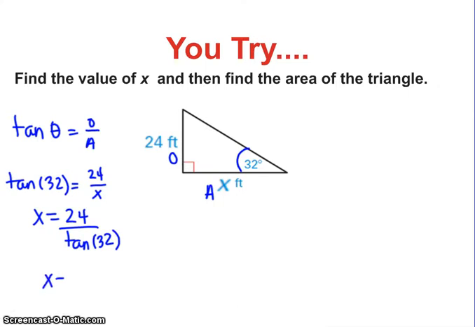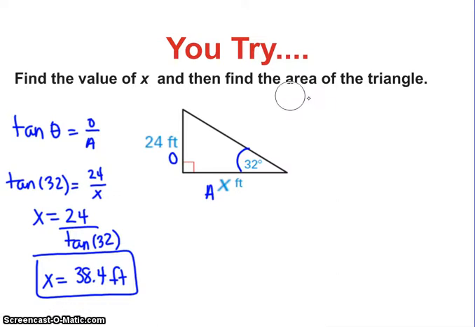So I will get 38.4, and the units of measure here is feet. Now I'm not only asked to find the value of x, but I'm also asked to find the area. So if you've not found the area of the triangle yet, here's the formula. Please pause the video and give that a shot there.